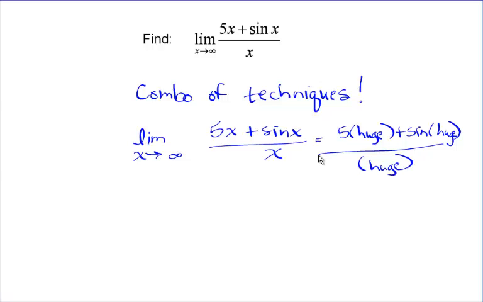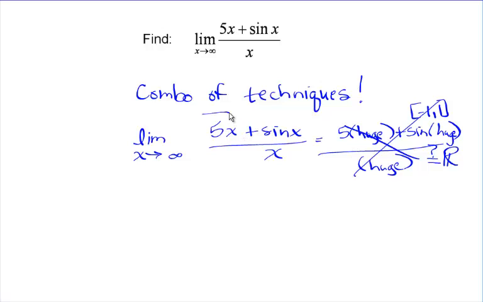We have a problem. First of all, this is huge plus oscillating between -1 and +1 all over huge. That's not going to lead us to any real number value, not one that just pops out to me anyway. So the substitution theorem doesn't work for me.